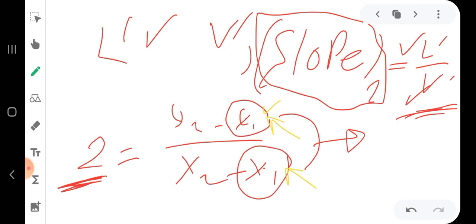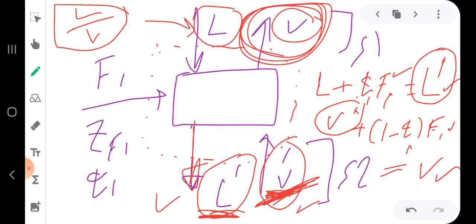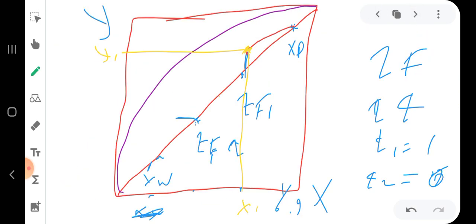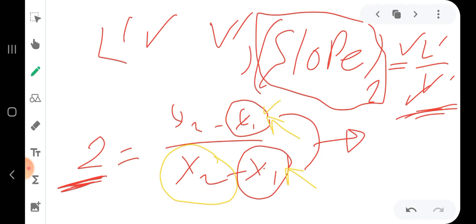That's it. And then choose any random value for x2. Choose x2 somewhere here, for example 0.5, and then substitute it here, and then determine y2.